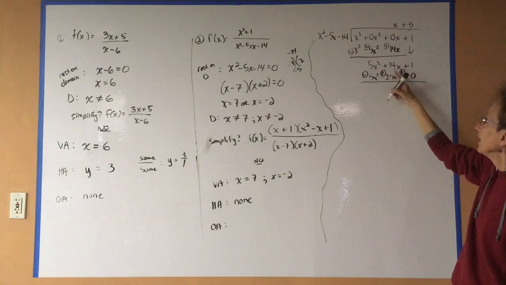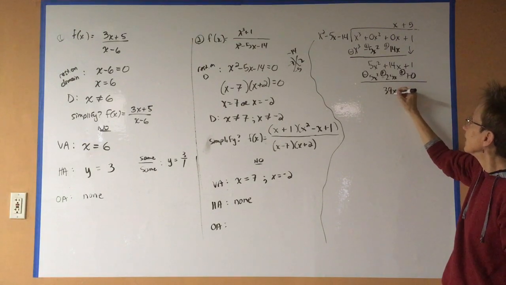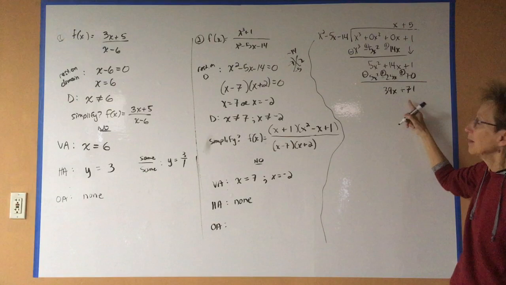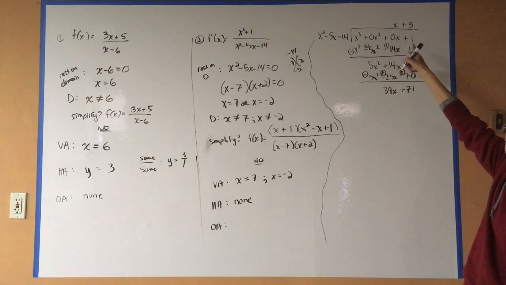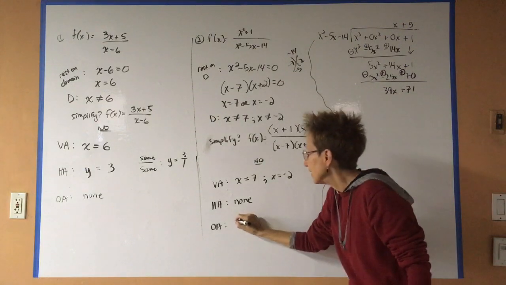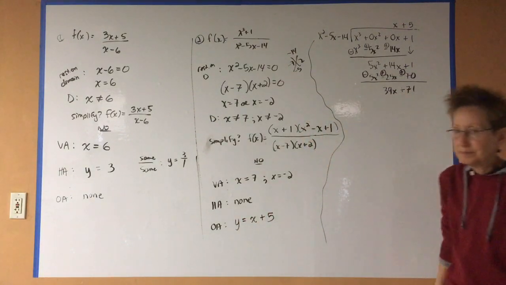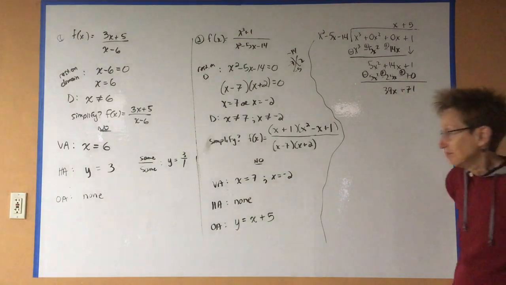This goes away. The x's become 14 plus 25, so 39x. The number becomes 1 plus 70, 71. But that's my remainder. I didn't need to do that. All I need is the x plus the 5. So OA is y equals x plus 5. So on this, you can stop short if you want to.